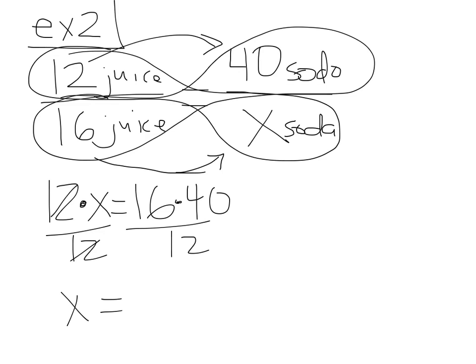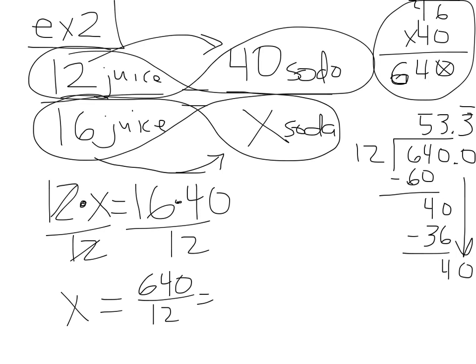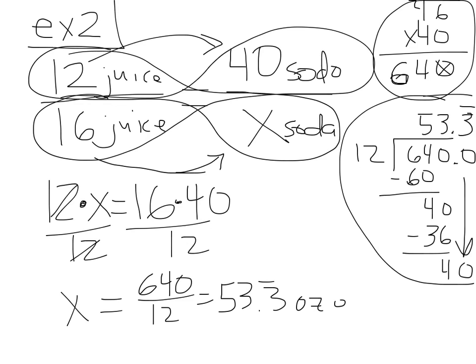When I multiplied 16 times 40, I came up with 640, and I still have to divide that by 12. When you divide 640 by 12, it ends up being 53.3 repeating, and that would be ounces of soda.